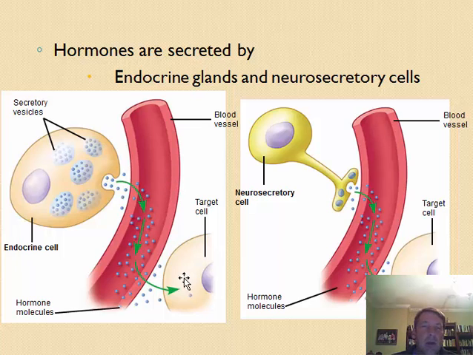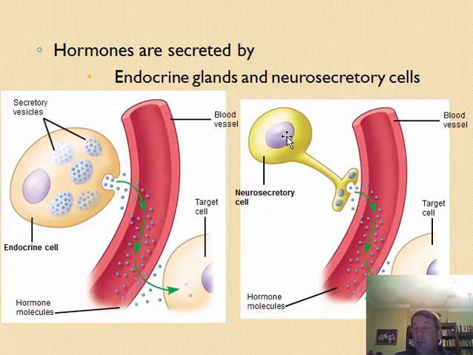They travel to a target cell, and then this hormone will leave the bloodstream and get in that target cell and perform whatever function it's going to be involved in, whether it's reproduction, assisting in the process of reproduction, or metabolism. A lot of these hormones help to speed up different processes of metabolism.